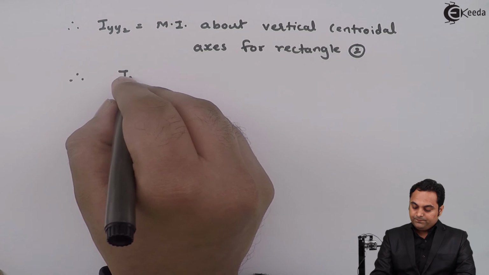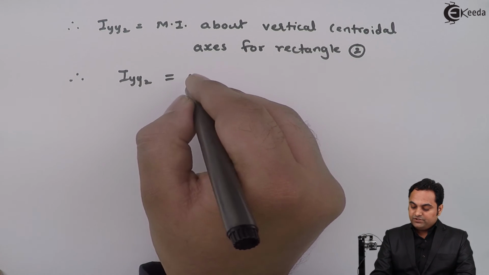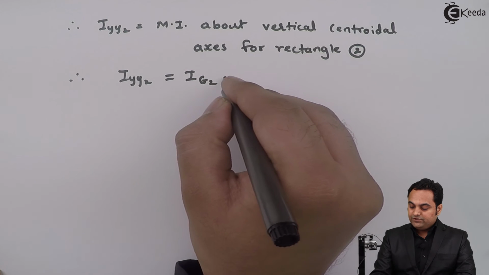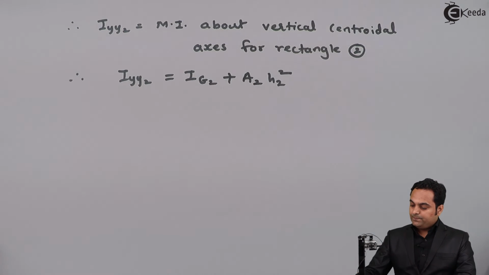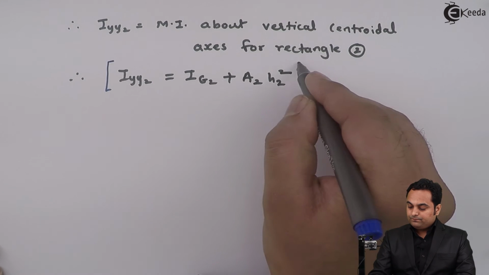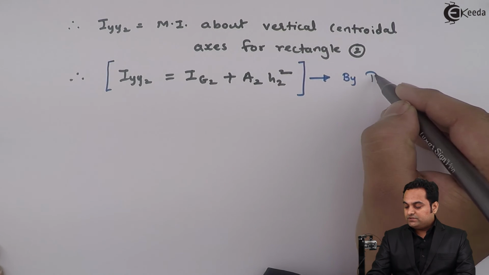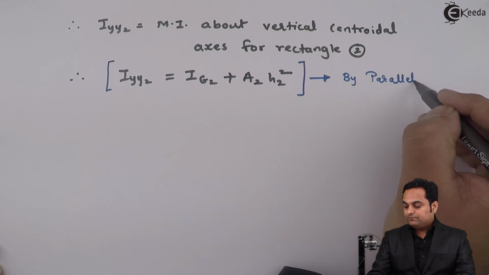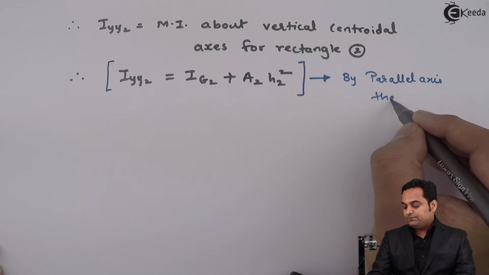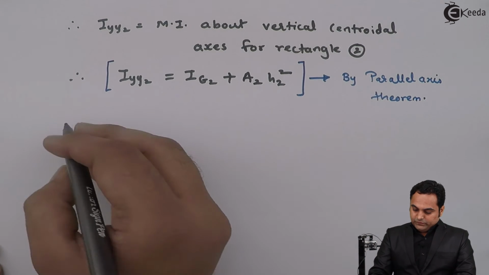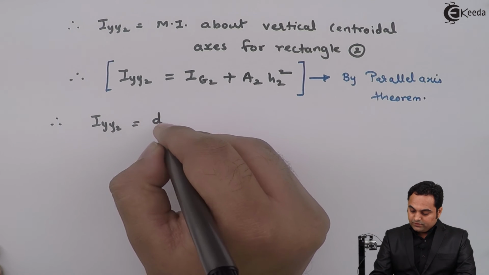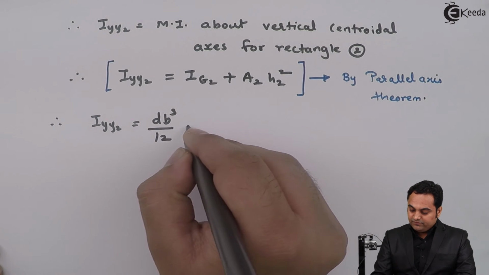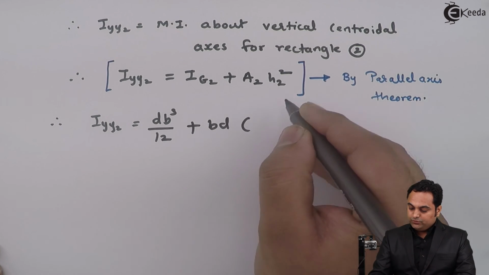So therefore Iyy2 is equal to Ig2 plus area 2 into h2 square. This is by parallel axis theorem. So now Iyy2 is equal to Ig2, which is db cube by 12, plus area, which is b into d.